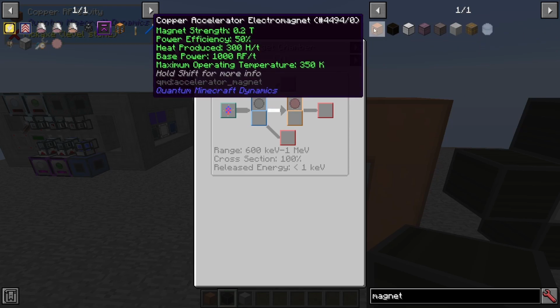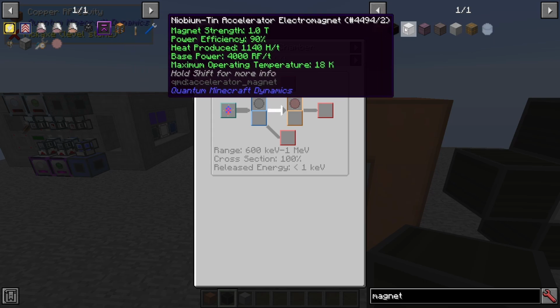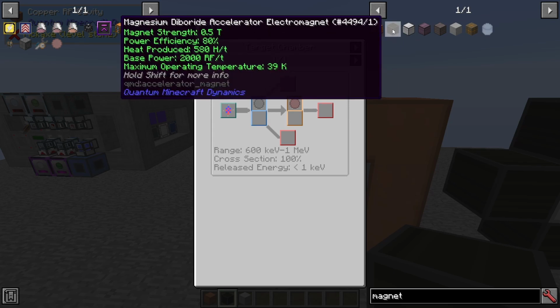Copper magnets give too little magnet strength. Niobium tin is going to force us to use helium, so let's take a middle of the road approach and go with magnesium diboride magnets. Let's use 5 of those, which means we get 2.5 Tesla.